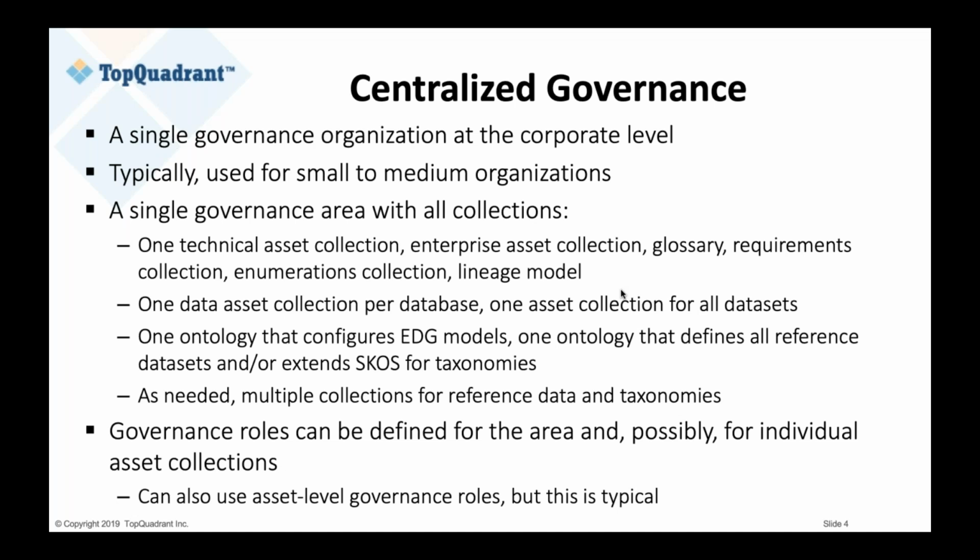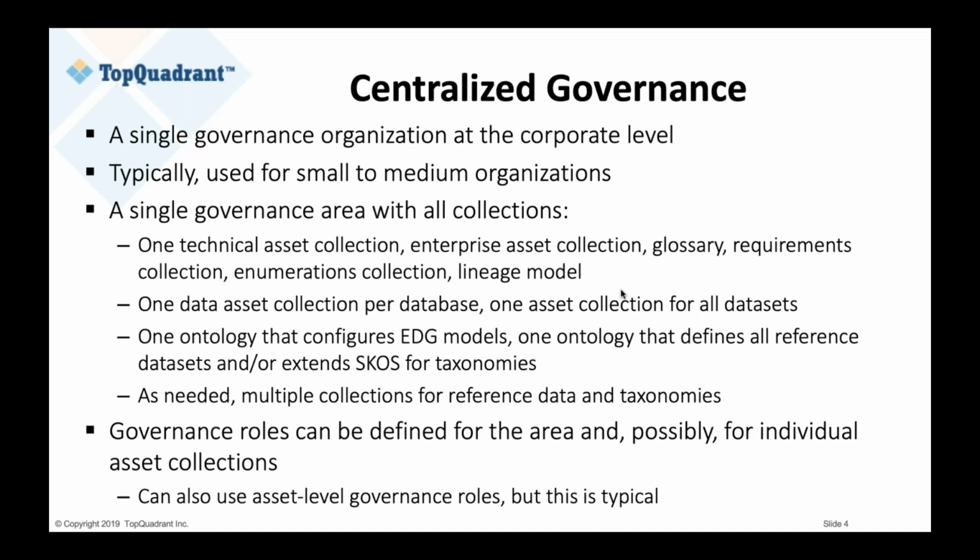In terms of configuring TopBraid EDG and specializing ontologies that are shipped with TopBraid EDG, you would normally have one ontology that defines all the structure that you need for your reference data sets. If you're using taxonomies and SKOS, then an extension of SKOS. And if you're defining any custom ontologies for data graph, you would normally have one ontology that defines data graph.